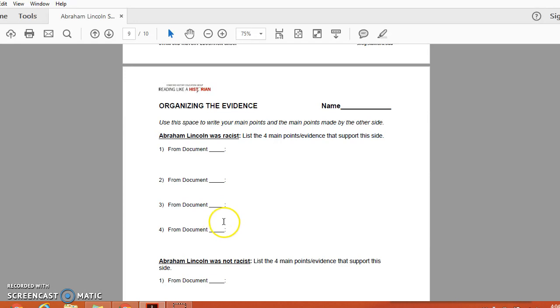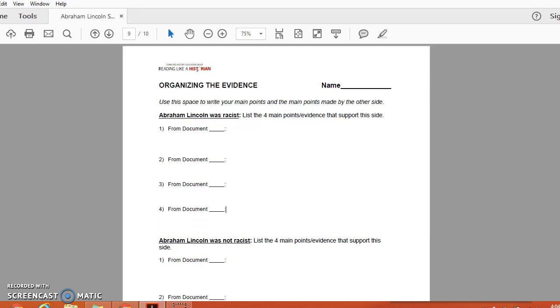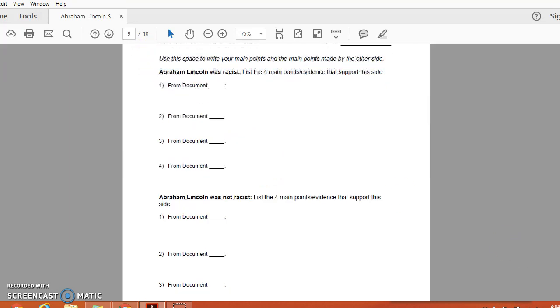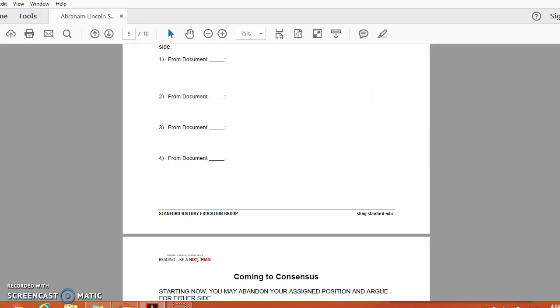And then you will present that information to Team B. Now Team B, as you listen to this information from Team A, you will also copy down their information onto this. So at the end of all of the presentations, this whole sheet of organizing the evidence should be filled out for all 4 group members.